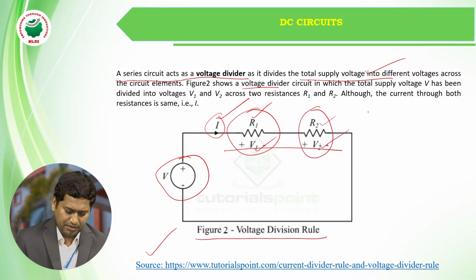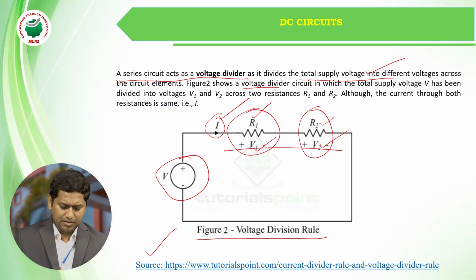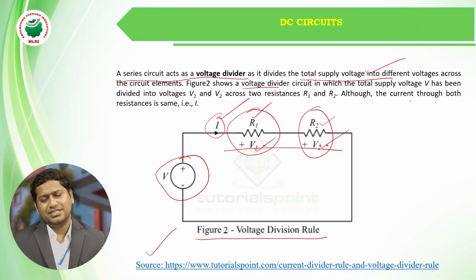This is the total supply voltage V. R1 goes with V1, R2 goes with V2, and the current through both resistances is the same, denoted by I.